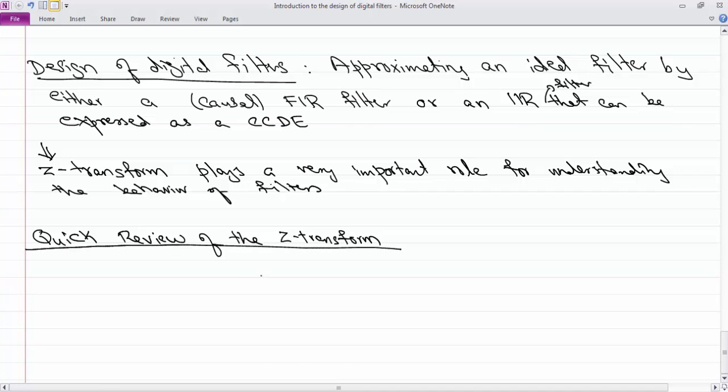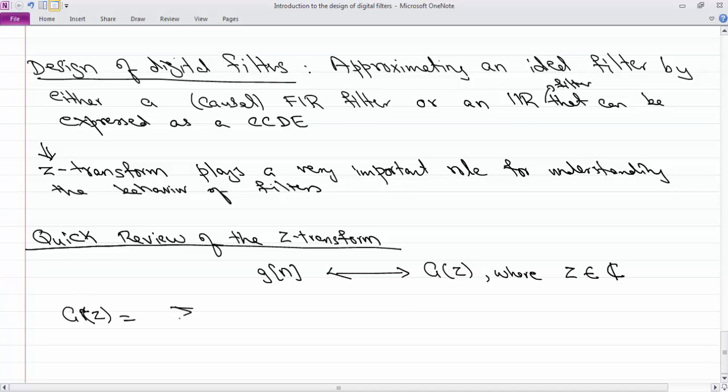So a Z transform is defined for a discrete time signal or discrete time sequence. It is given in variable Z, where Z is a complex number. The formula to compute the Z transform of a sequence is the sum over n from minus infinity to infinity of g of n, z to the power of minus n.